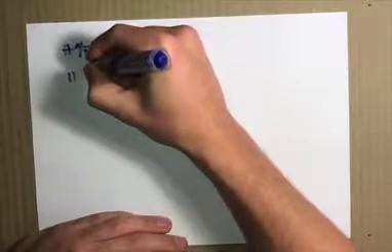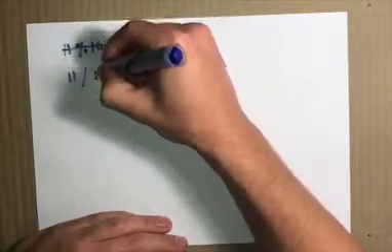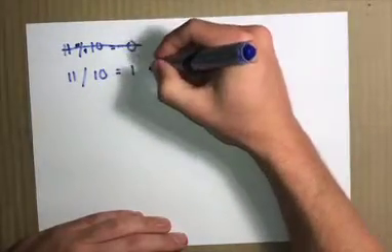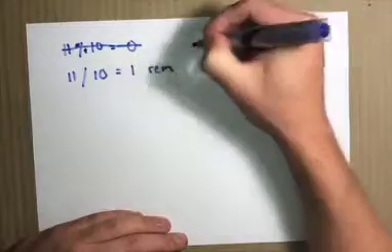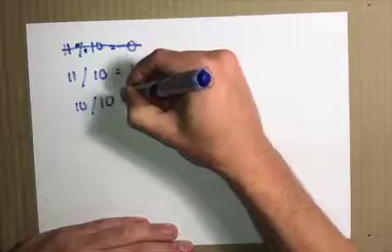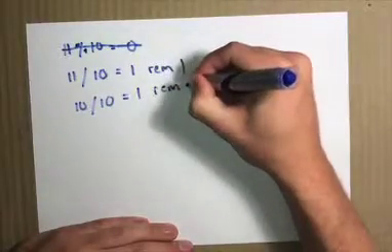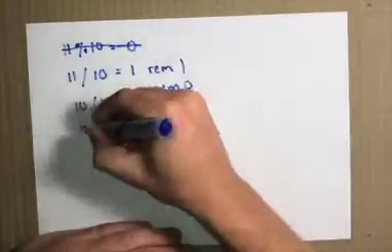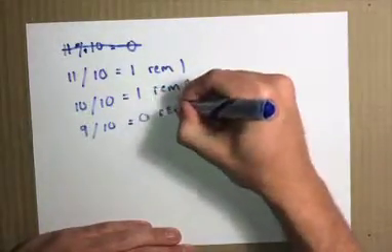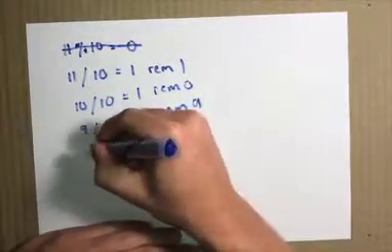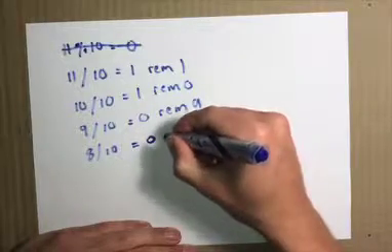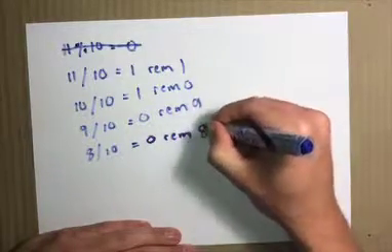11 divided by 10 gives us 1, remainder 1. 10 divided by 10 gives us 1, remainder 0. 9 divided by 10 gives us 0, remainder 9. 8 divided by 10 gives us 0, remainder 8.